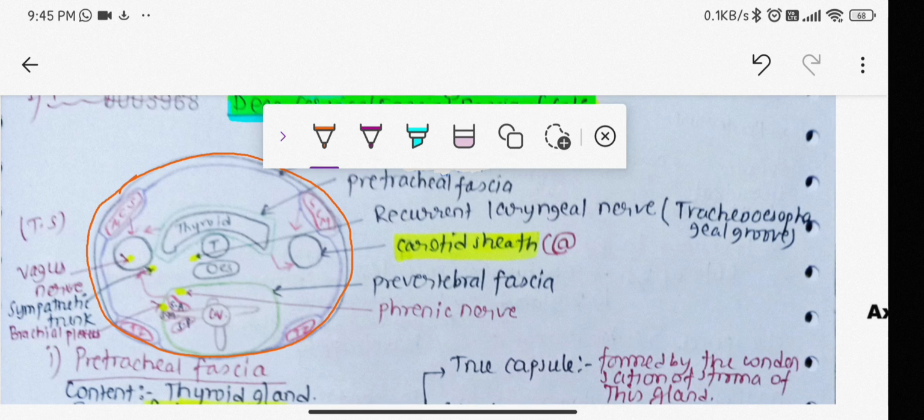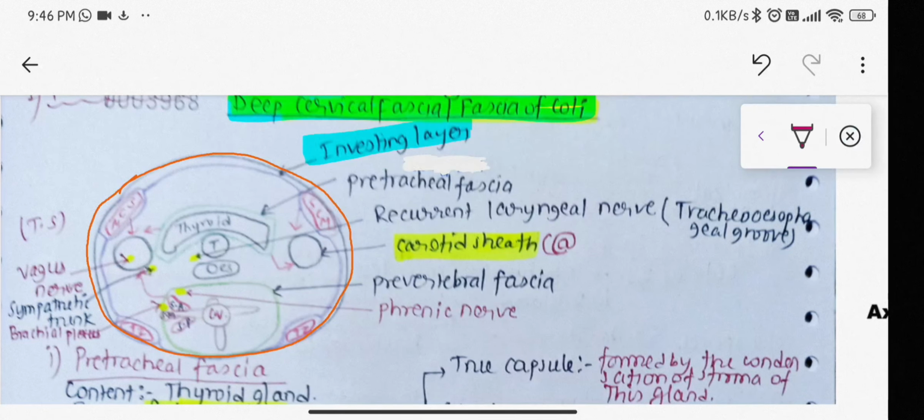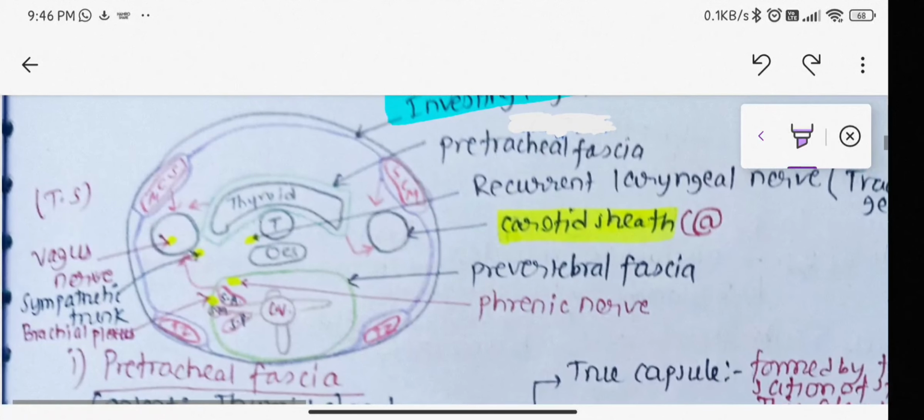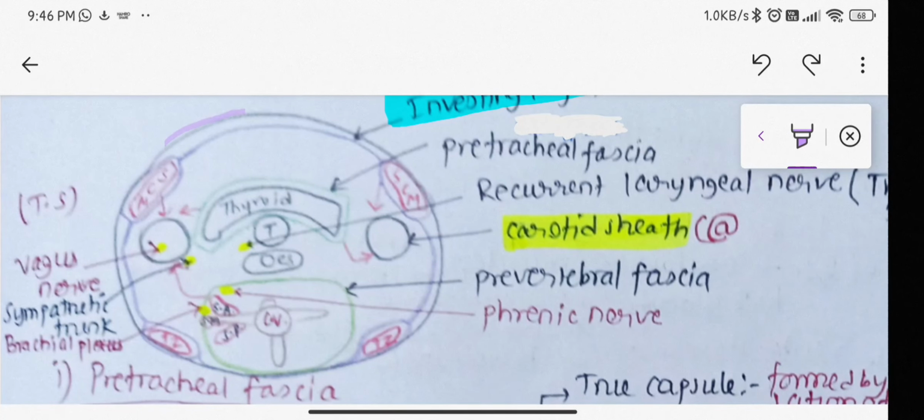Now next we have this investing layer, and it covers the sternocleidomastoid muscle, then it goes behind. In this schematic diagram, this is the TS at the level of the neck, and you can see this is the investing layer going behind.